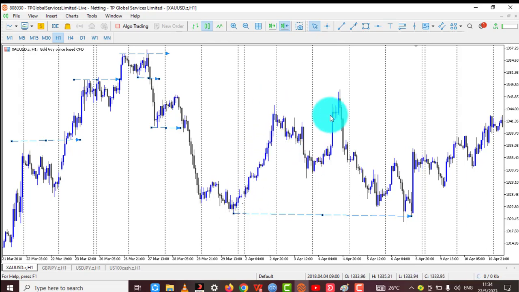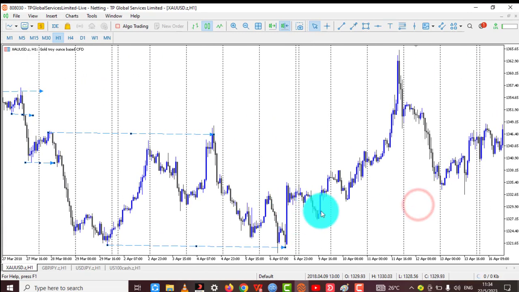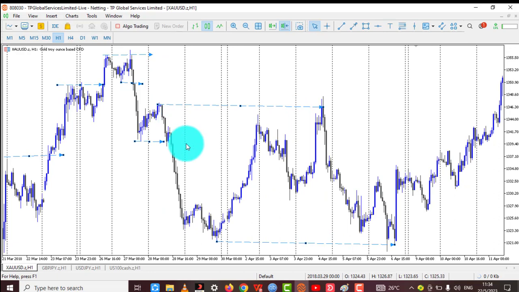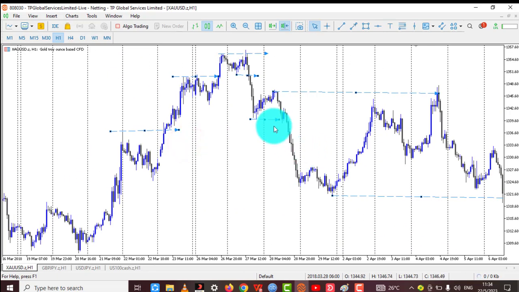Now as you can see, price broke this structure, so we would have been looking for bullish sentiment. So we would have looked for price to come back to this area of supply, move up. And if you don't know what an area of supply is or what an order block is, you're gonna watch it on the next video where I explain.